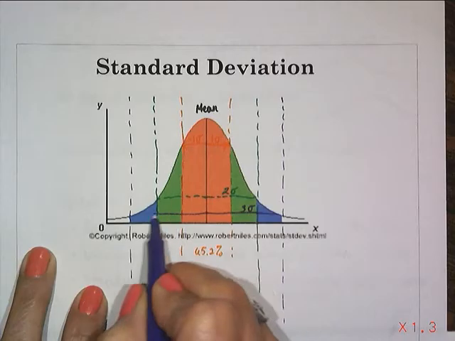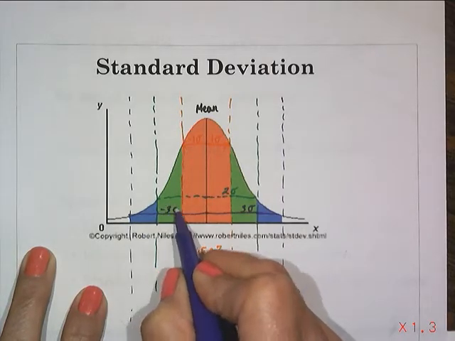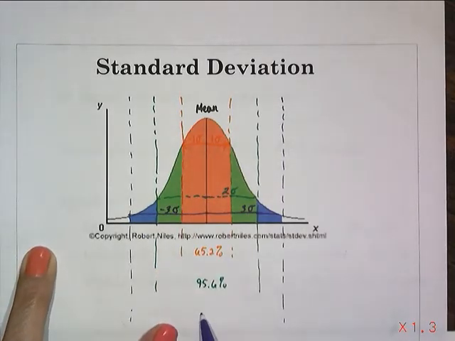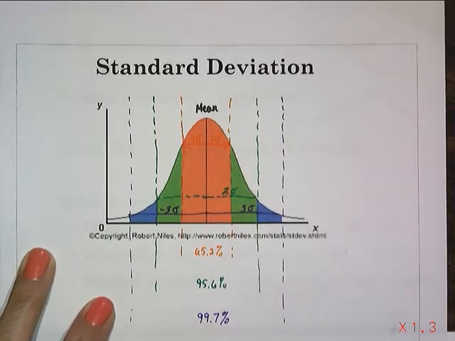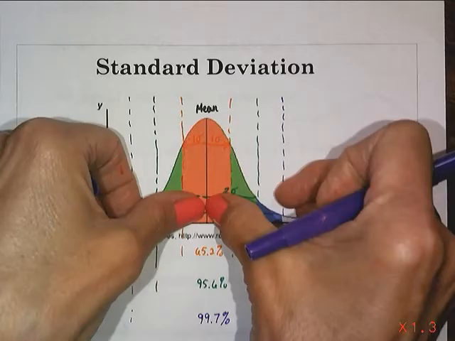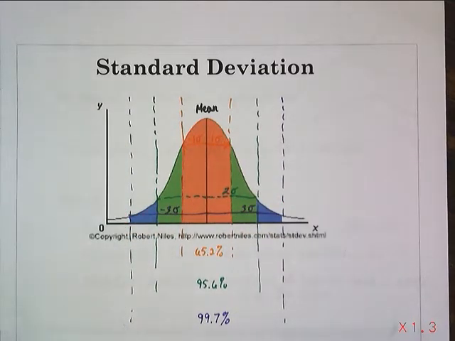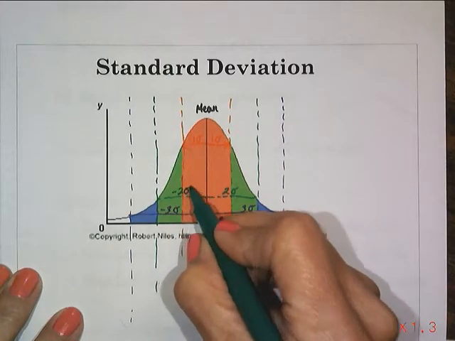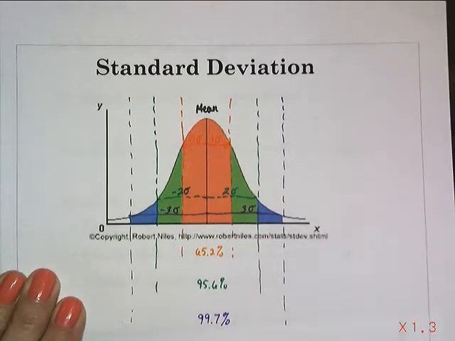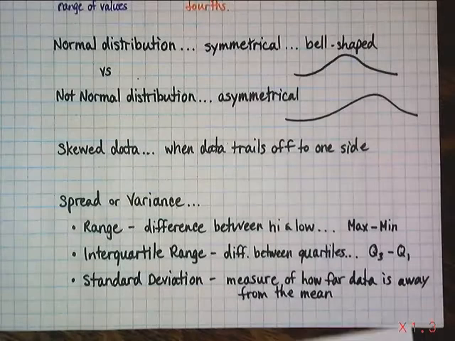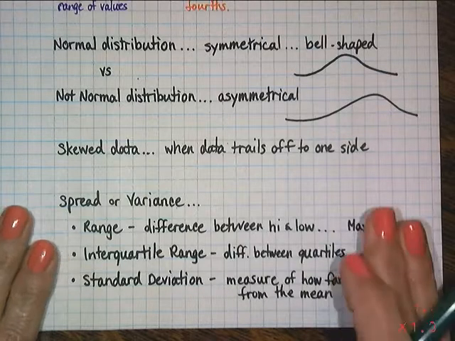Statistically speaking, I'm talking about 99.7% of your data. That's almost all of it, so close to 100. So when you're talking about going 3 standard deviations out, you should be including approximately 99.7% of the data. Let me show you examples so you can see what I'm talking about if you are ever asked to find the standard deviation of a set of data.